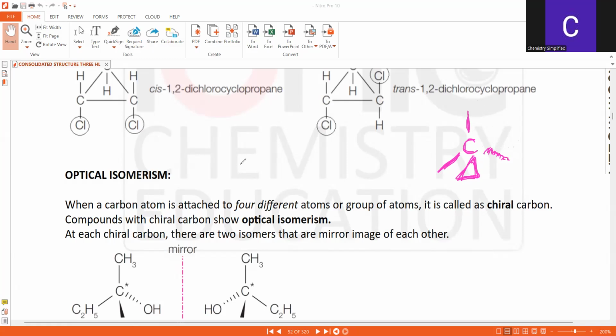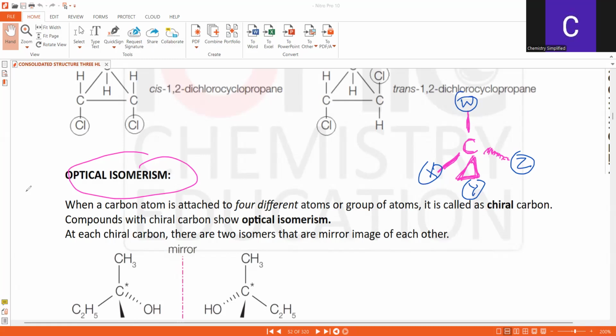So this optical isomerism is seen only in those compounds which have any carbon, even if one carbon, which has all of its bonds bonded to 4 different atoms or groups of atoms. For example, this is W, this is X, this is Y, this is Z. All 4 atoms and groups of atoms should be different.